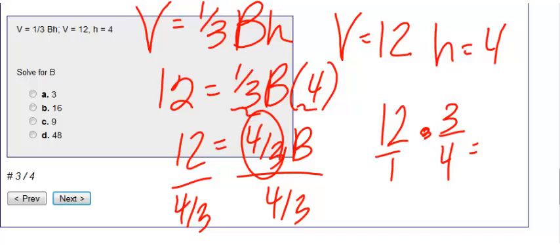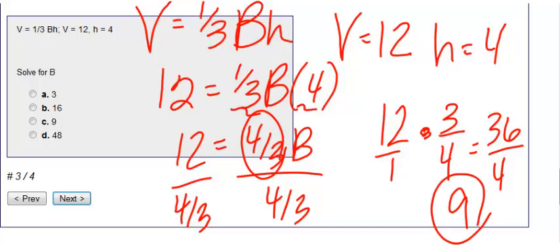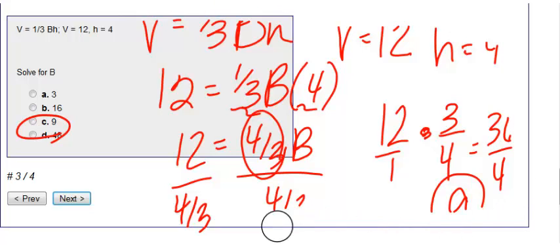And when I have fractions, we multiply across. 12 times 3, I get 36. 1 times 4 is 4. And lastly, 36 divided by 4, I get 9 as my answer, which is choice C. So we can substitute it in and then just solve for that B.